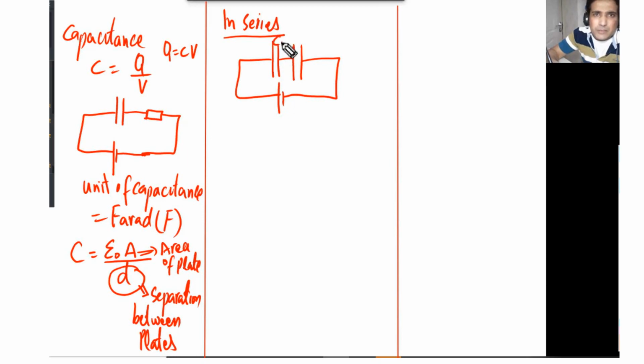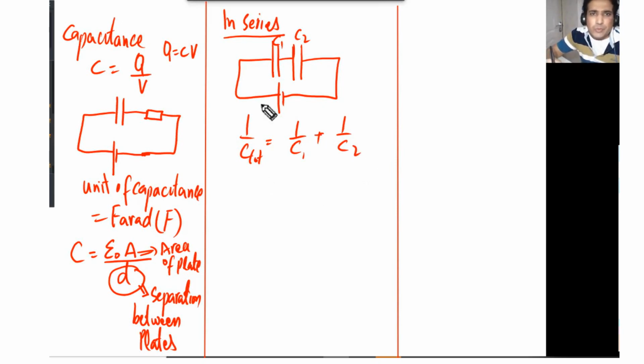If the capacitance of this one is C1 and capacitance of this one is C2, the total capacitance we saw in the previous class will be equal to, so if two capacitors is very straightforward, but this is a general formula for more than two capacitors. So we can use 1 over C1 plus 1 over C2. This is how we can calculate.